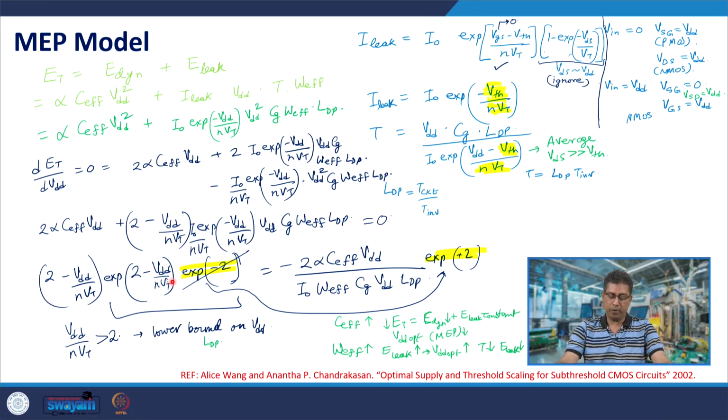So, today we have discussed the minimum energy point, how it is affected by activity factor, and then we discussed how the minimum energy point is related to supply voltage, to effective switching capacitance, to effective width, and how it changes with these.